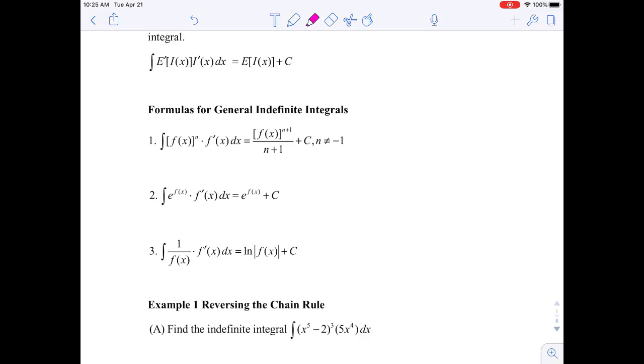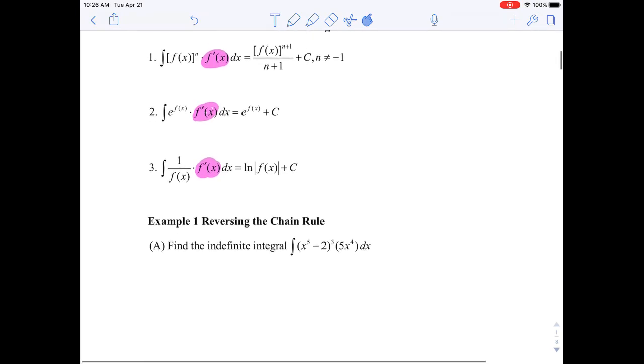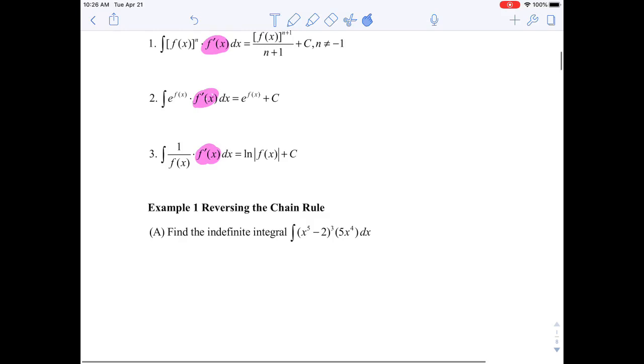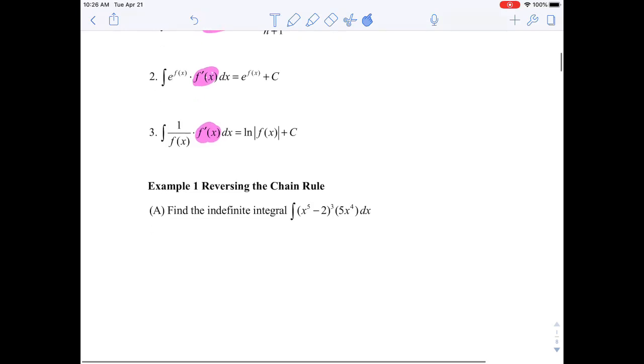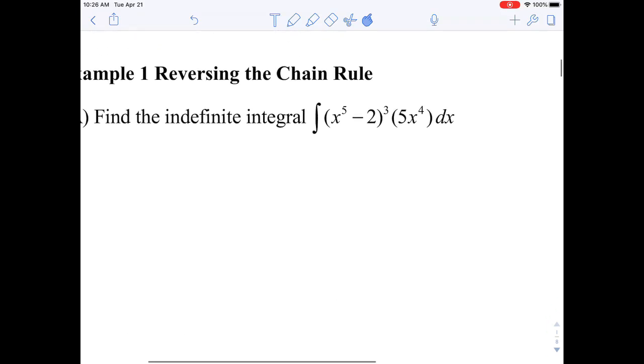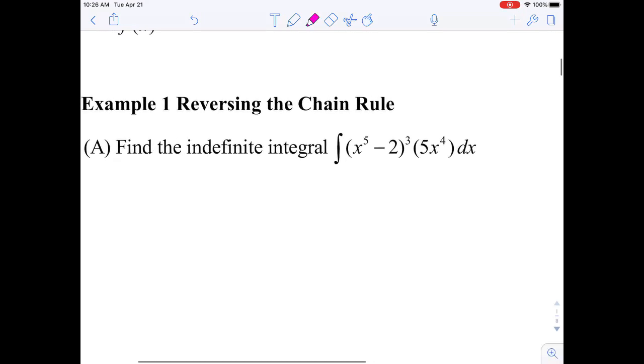So if we have the derivative of a function and with the chain rule, we have to make sure that we check the derivative of the inside function. So looking at our first one, our inside function is x to the fifth minus 2. The derivative of that is 5x to the fourth.